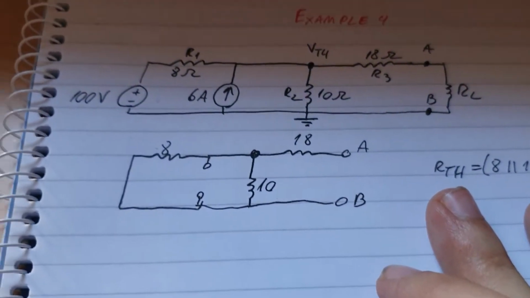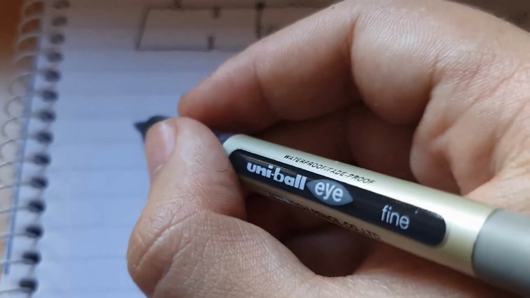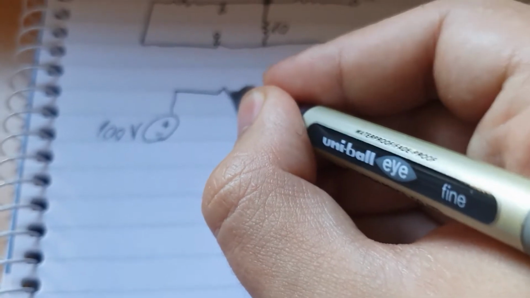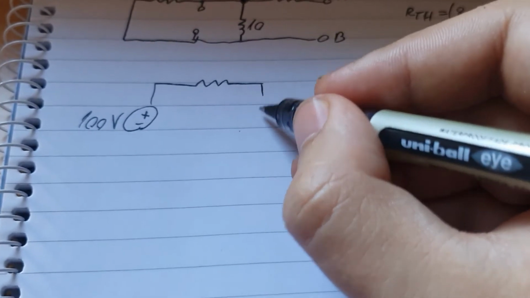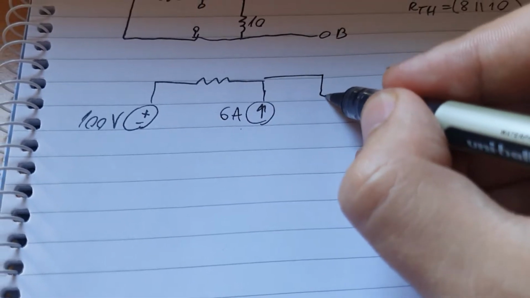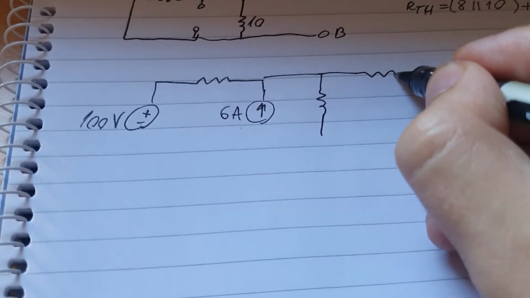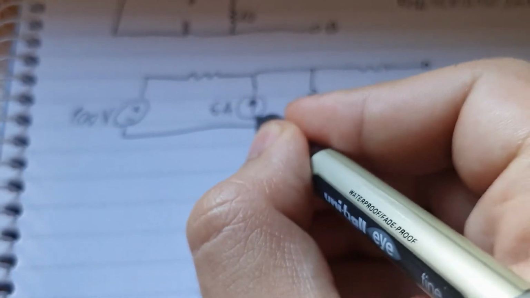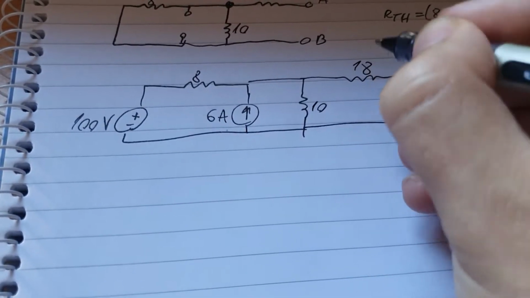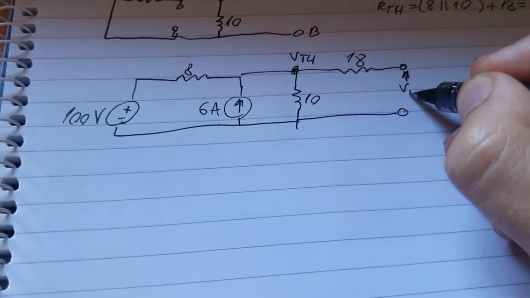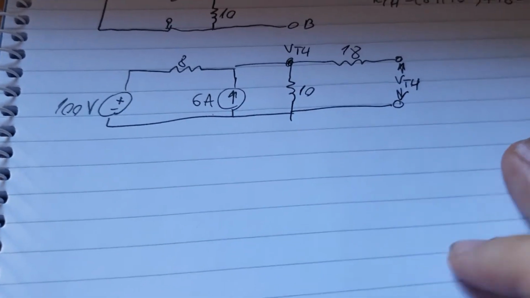Okay, let's redraw it again, actually that will make it easier. So plus minus 100 volts, then one resistance through here, the current through here 6 amps, then another resistor through here, another resistor through here, the 2 nodes here, there you go, that will be 8, 10, 18, and this one will be VTH, and we are trying to find the VTH inside here.